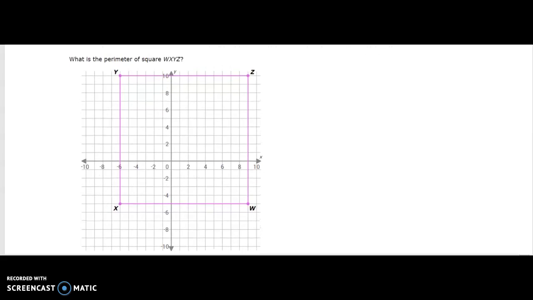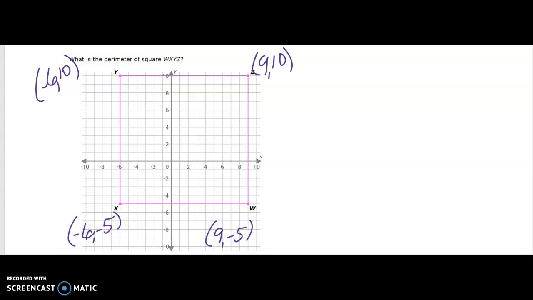So X is at -6, -5. W is at 9, -5. And -6, 10, and 9, 10. So I missed my whole ago because I thought I was starting off with the easiest one. I guess I was starting with the hardest one.